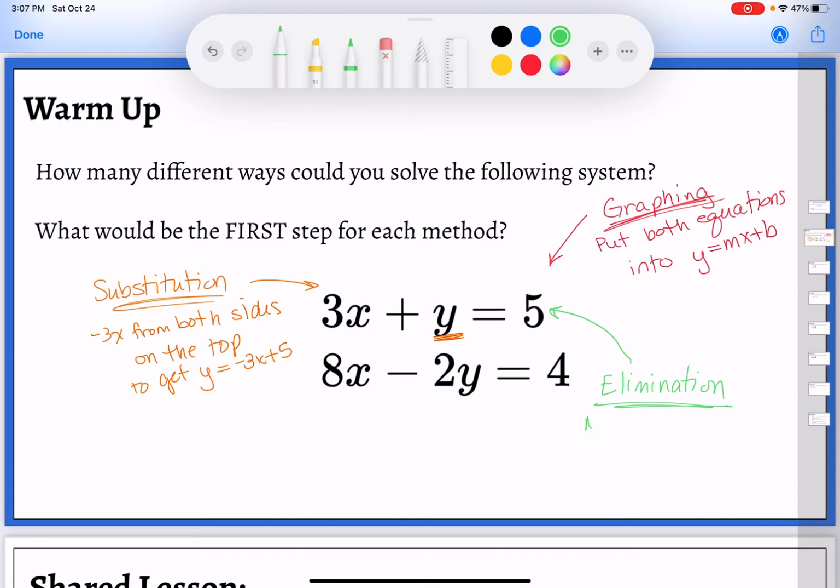So I would have to multiply each term in the top equation by 2, and then I would have opposites. So technically all 3 methods would work on this system, and both substitution and elimination would not be too hard. So on this problem, you really could pick whatever method you liked the best.